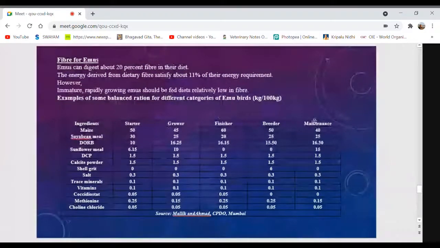Maintenance means adult birds that are not productive, not producing eggs, not used for breeding purposes. This maintenance ration we can provide to them, and these are the rations. This ration of course you can remember.